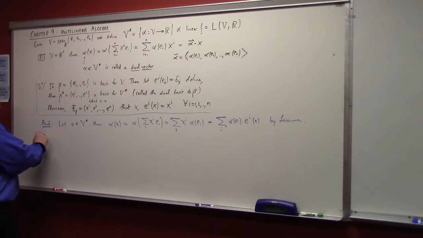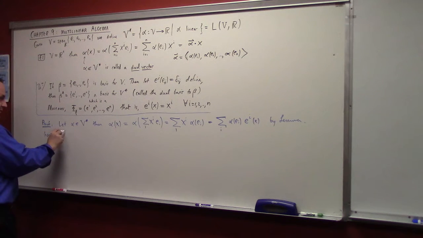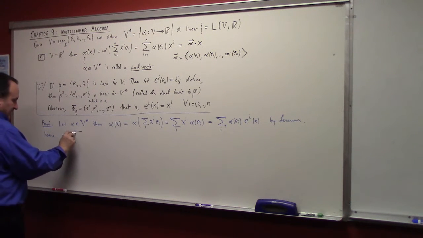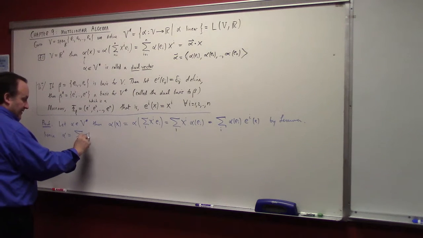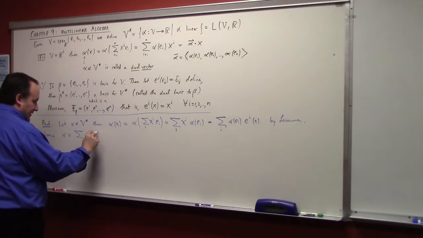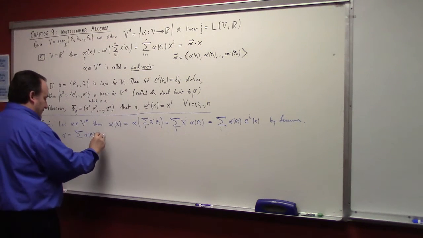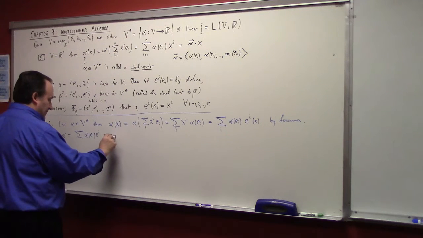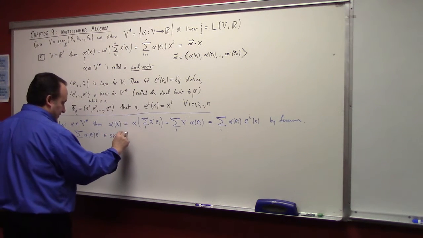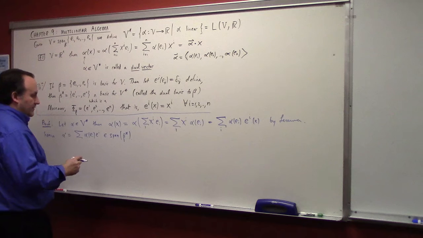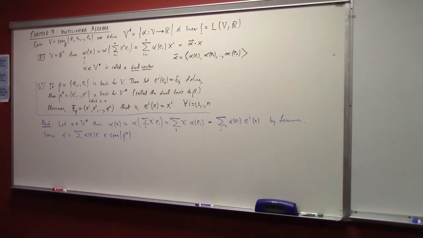Hence, alpha is equal to the sum of alpha of e_i times e^i, which is of course an element of the span of beta star, because e^i maps every vector to its i-th coordinate.